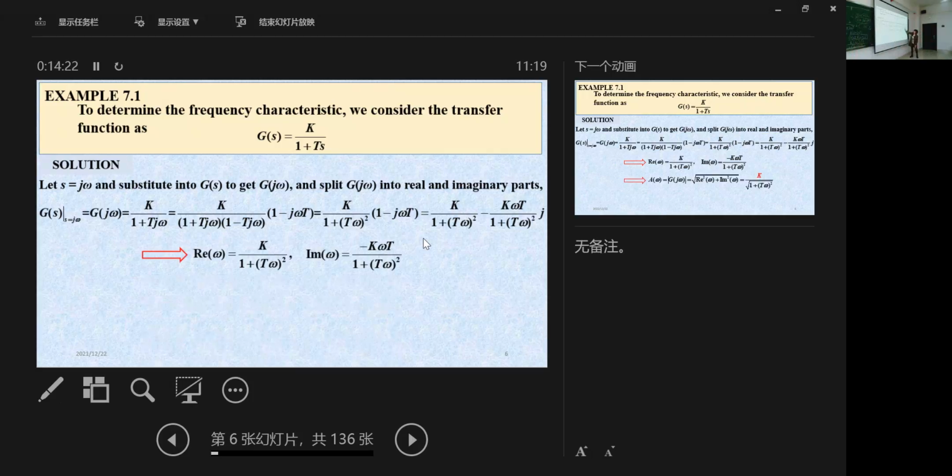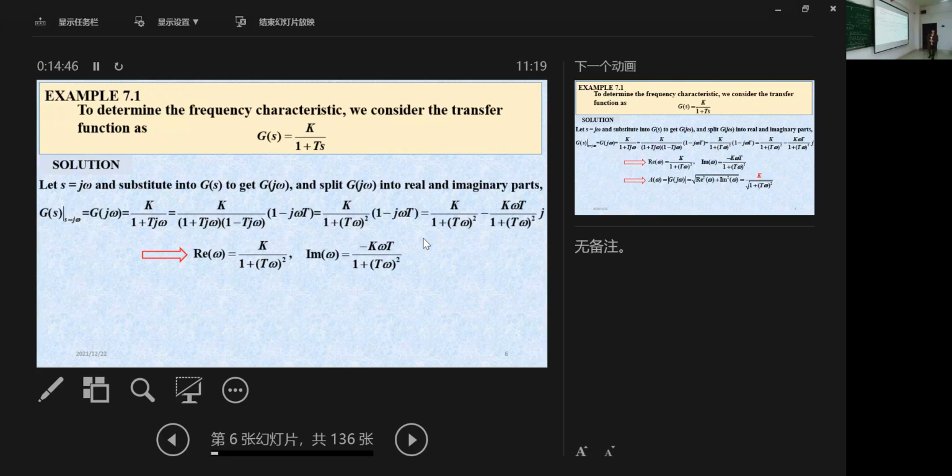If here is a plus, then the plus is the imaginary part. Since we have a minus here, you should include the minus in the imaginary part. Clear? Okay. So the real part is this part, and minus this part is the imaginary part.